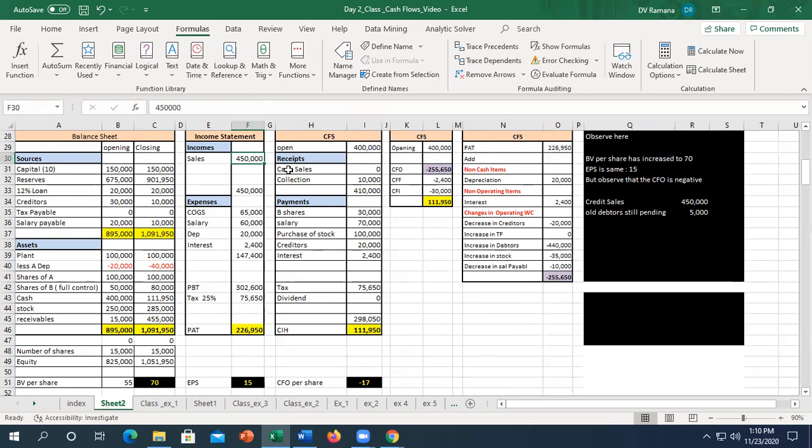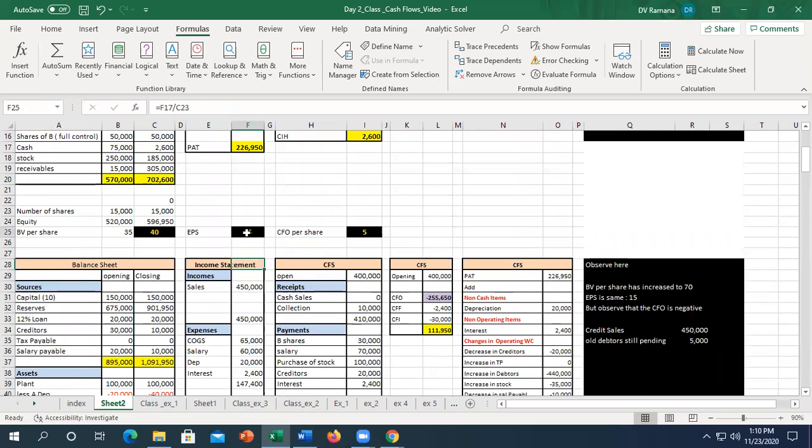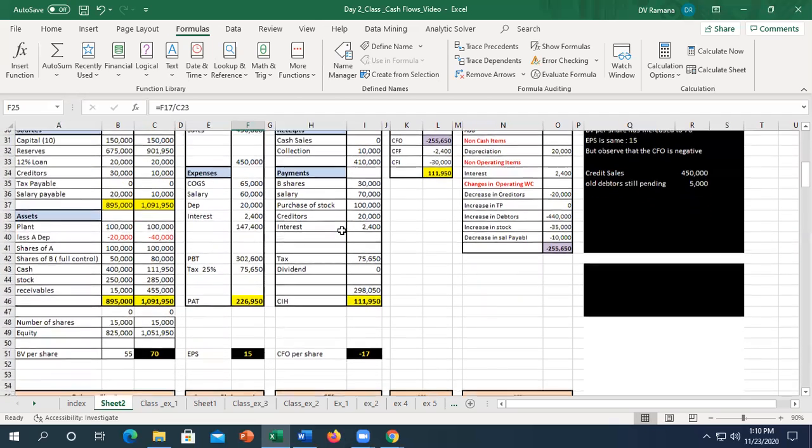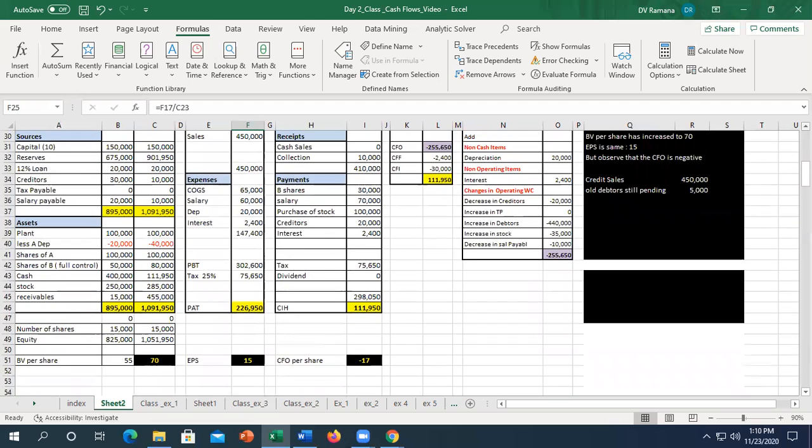Does that mean credit sales are not good? Of course not. Credit sales are not bad as long as we are able to collect the money from the debtors. But if the debtors keep on rising as is happening here, then it is a matter of concern. So don't just observe the book value per share, also observe the CFOs and earning per share. In this case, intentionally, I kept the earning per share constant and we are observing the change in the book value per share and the change in the cash flows through the CFOs.